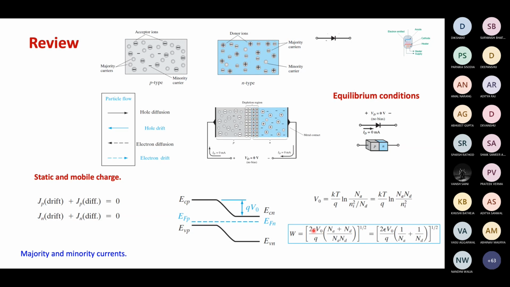Epsilon is the dielectric constant of silicon. K is the Boltzmann constant, T is the temperature, and Q is the fundamental charge of the electron, the unit charge. And Ni is the intrinsic carrier concentration. It is the number of electrons and holes when there is no doping.